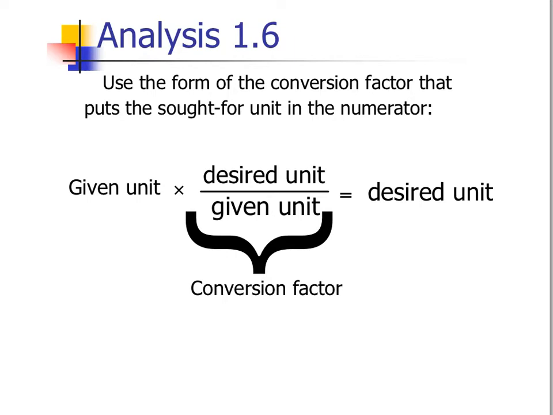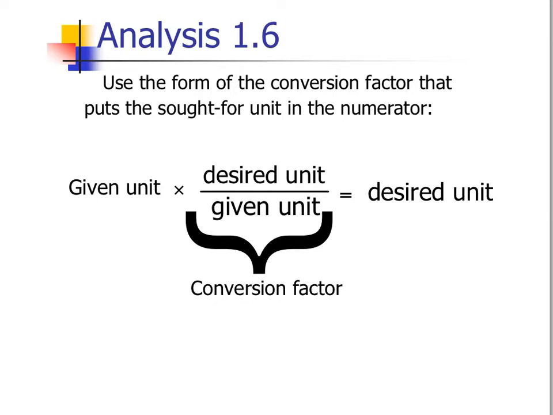That is because of the use of algebra: the given unit can be written over 1, and therefore that would be on the numerator, and the given unit would be on the denominator on the other side, and therefore they would algebraically cancel themselves out. But in this case, we're not worried about them canceling out. We're just looking at putting them in that setup.